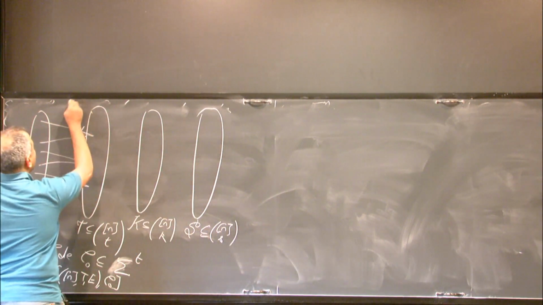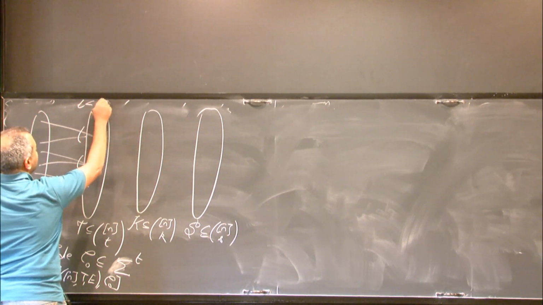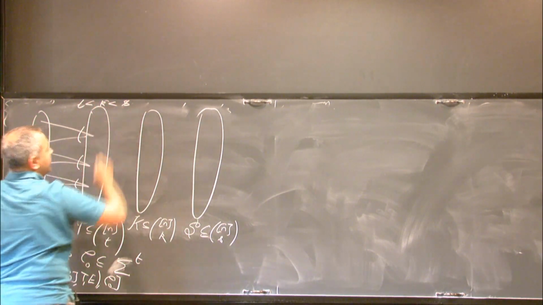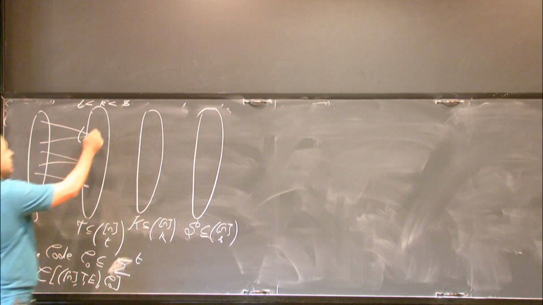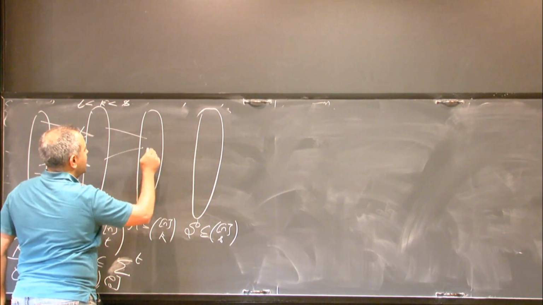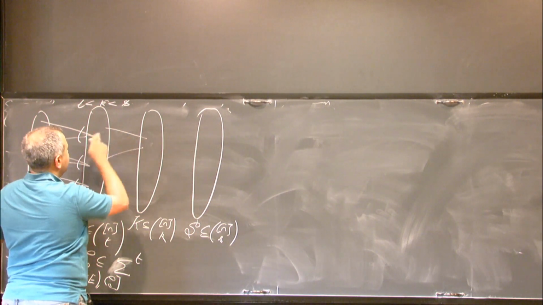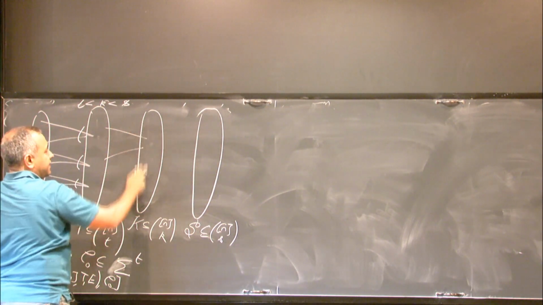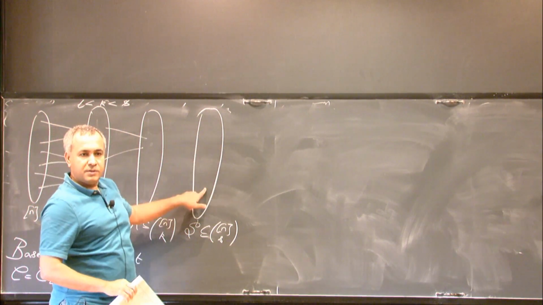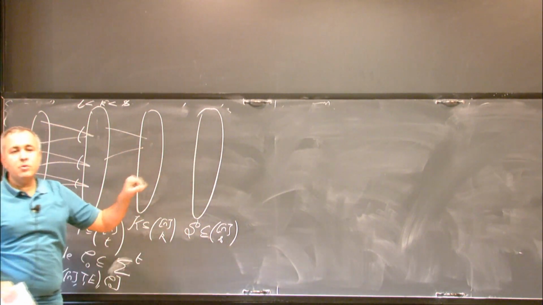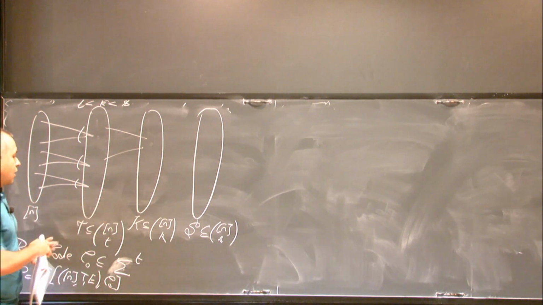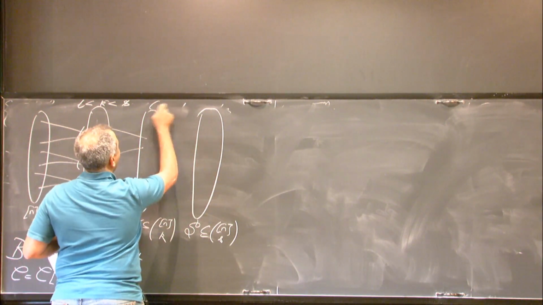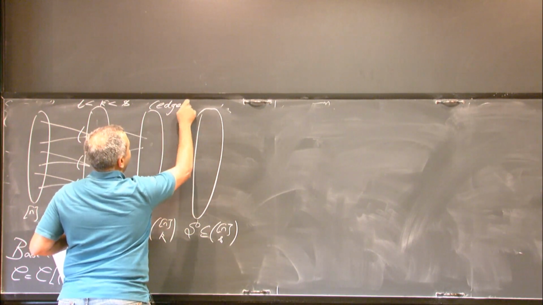Think of T smaller than K smaller than S. The most natural edge constraints: these are all T subsets, these are K subsets, and these are S subsets, and I put edges between them if one subset is contained in the other. So all the edges are defined by inclusion.